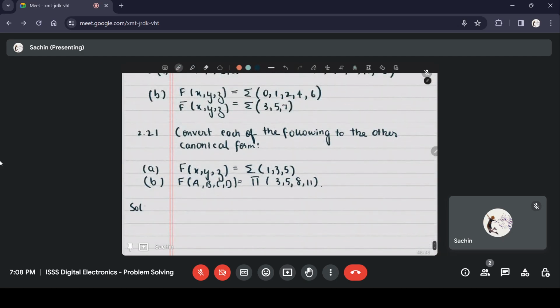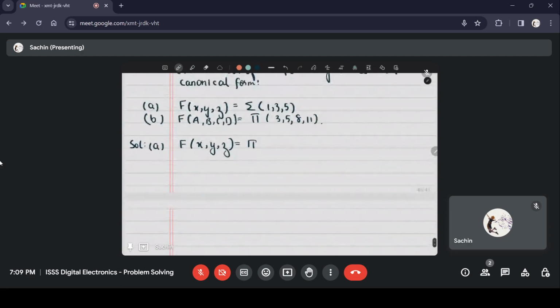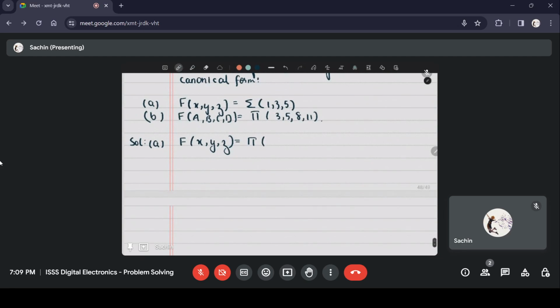Solution. So you simply change from a sum to a product, and if you are taking the sum of minterms indexed by 1, 3, and 5, you should take the product of maxterms indexed by all those terms which are not indexed by 1, 3, and 5: 0, 2, 4, 6, 7.